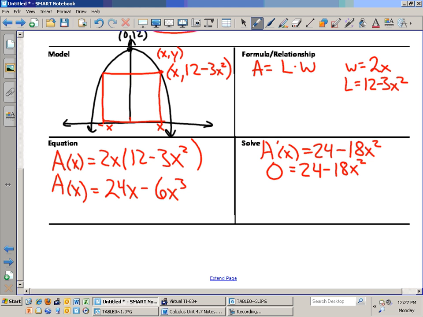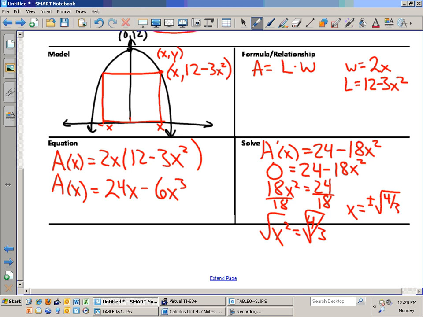I know how to solve for that. 18x squared is equal to 24. Divide both sides by 18. X squared is equal to 4 over 3, right? Square root both sides. X is equal to plus or minus the square root of 4/3.